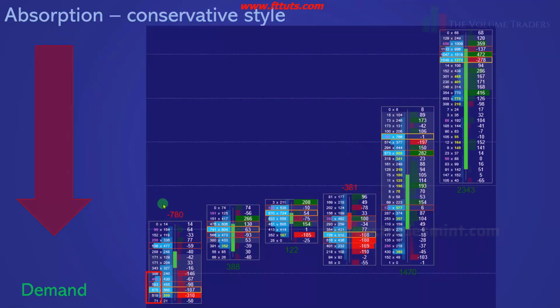And it doesn't matter in this strategy if the rejection candle is bullish or bearish. The focus should be only on shift of delta. So the move down and rejection. Shift of delta, I mean the change from highly negative to highly positive.